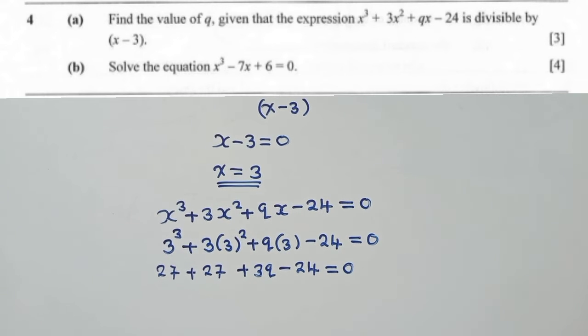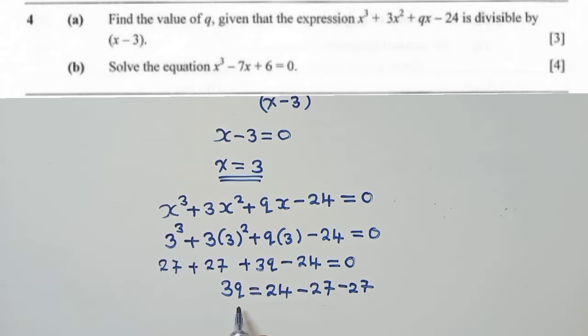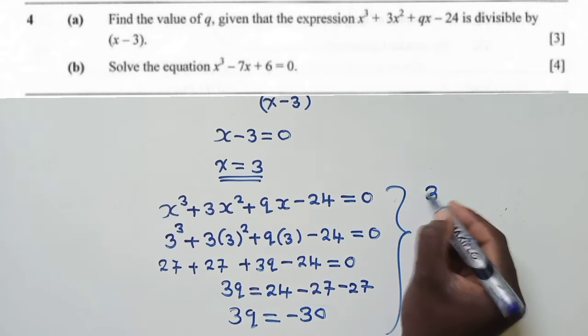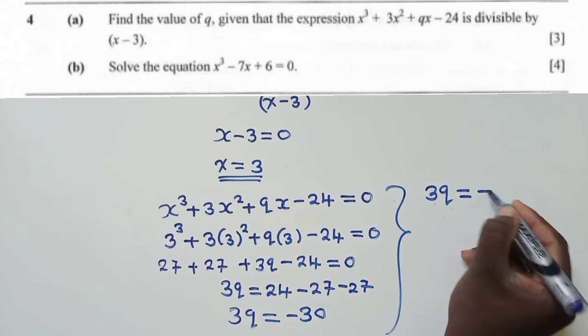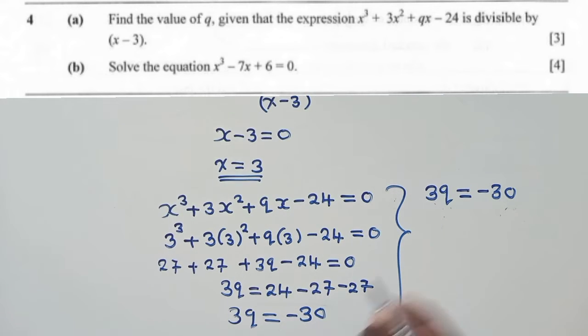When we work it out, we are getting 3q is equal to negative 30. So 3q is equal to negative 30 is what we got right here.